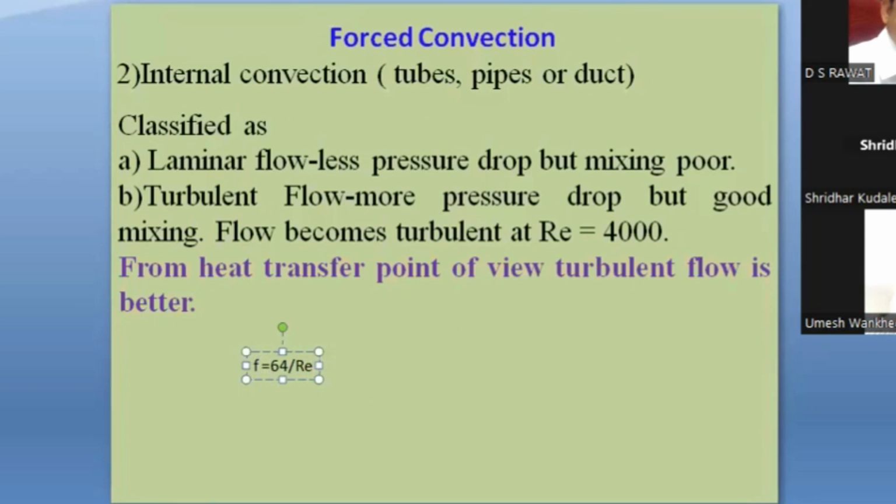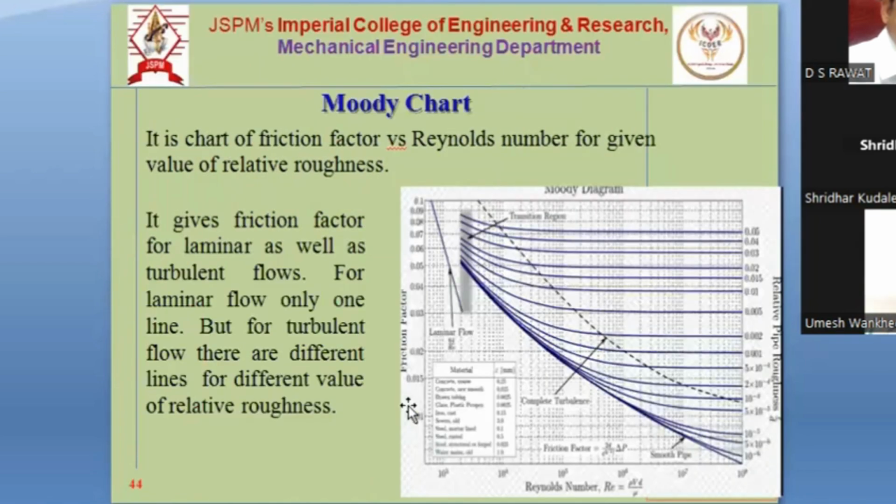But for turbulent flow, it is not a single relation for friction factor. What we have to do is use one chart called the Moody chart. Which chart do we have to use for turbulent flow? Moody chart. I will just show you the Moody chart.